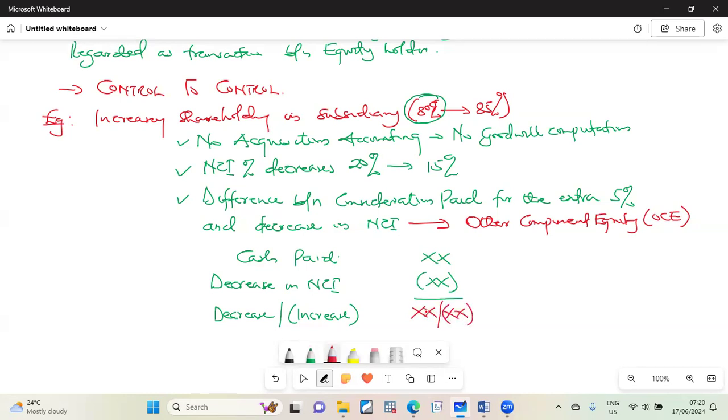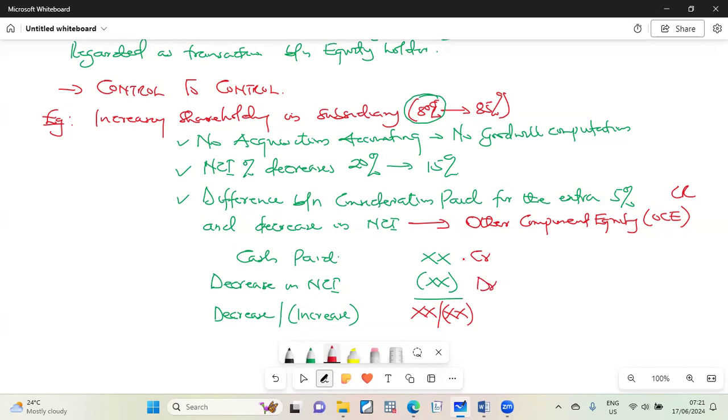Now, what you see here is that the difference is going to your OCE. Remember, your OCE is a credit balance. It's a capital account, so it's a credit balance. Now, what are you going to do? You paid money, so you are going to credit your cash. And we know NCI is also part of the equity side of your balance sheet, so for the decrease in that, you are going to debit.